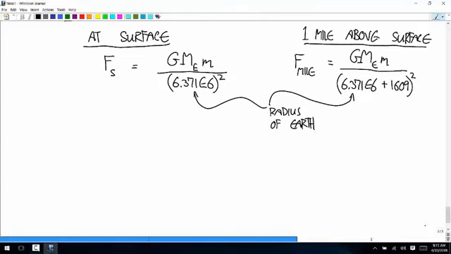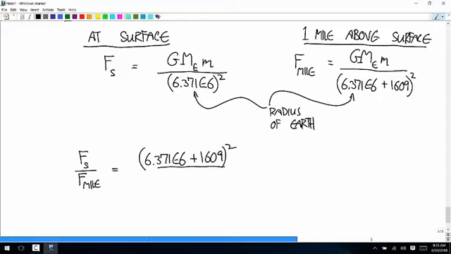Okay, so let's figure out the ratio then. F at the surface over F a mile up, a lot of this stuff cancels out, and you just end up with 6.371 times 10 to the 6 plus 1609, whole quantity squared, over 6.371 times 10 to the 6 squared.